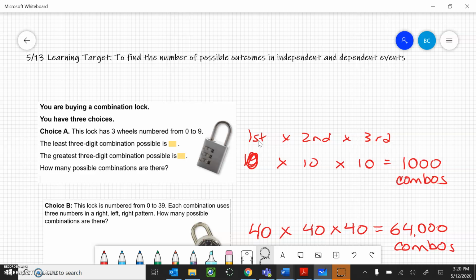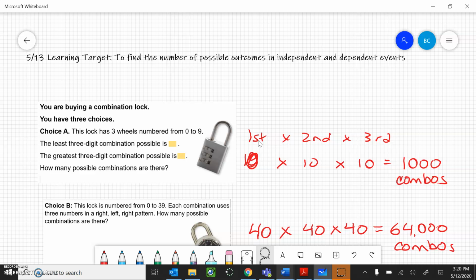There are things where they're dependent on each other. So if I had a 1 in the first position, sometimes I can't repeat a 1. So I have to have different numbers. Sometimes it's referred to as unique numbers. Sometimes the situation just tells you that you can't repeat.